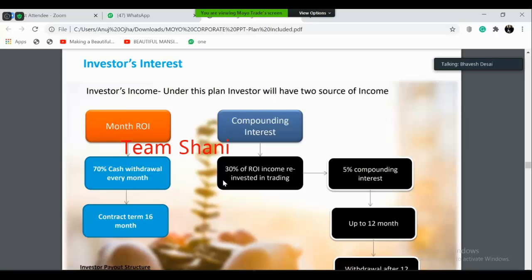Then in the third month, they will get 19.8. Then in the fourth month, they will get 20.8.